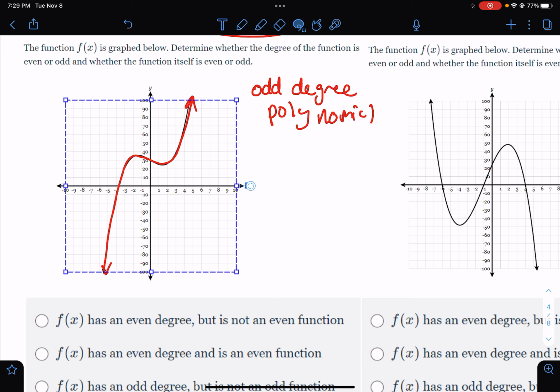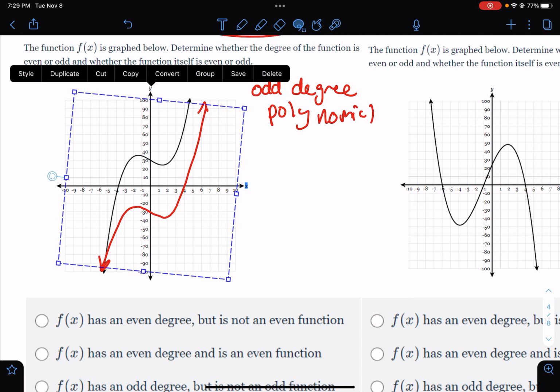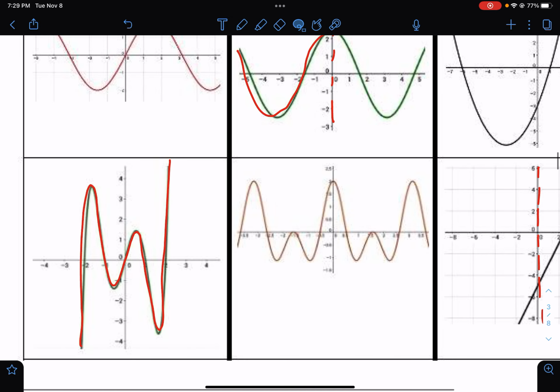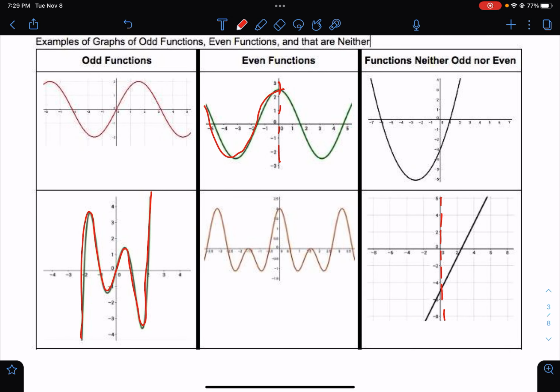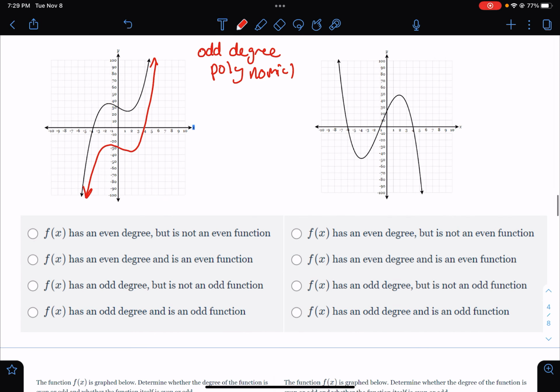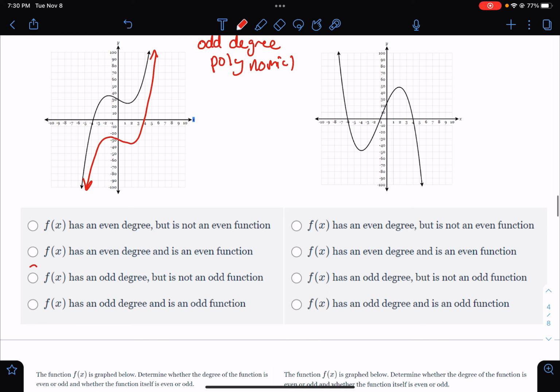If I were to rotate this, do you see how we don't have that symmetry? If you're an odd function, you have to go through the origin to have that rotational symmetry. If you notice, this odd function goes through the origin, this odd function goes through the origin. And we can see that this one doesn't have that rotation. So this one is going to be an odd degree, but not an odd function.